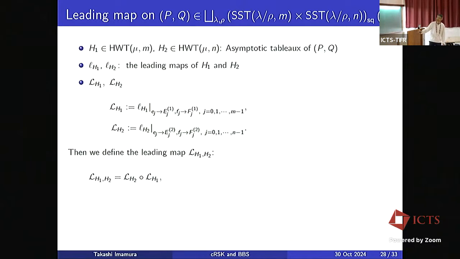Then we make the capital L of H1 and the L of H2, which is obtained just by replacing small Kashiwara operators by the capital ones like this. And then we define the leading map in this form.